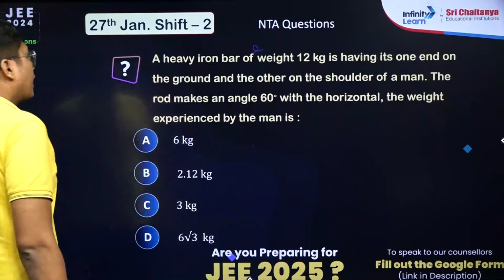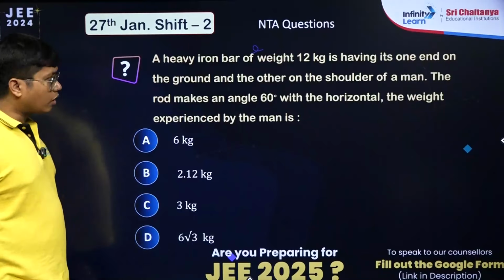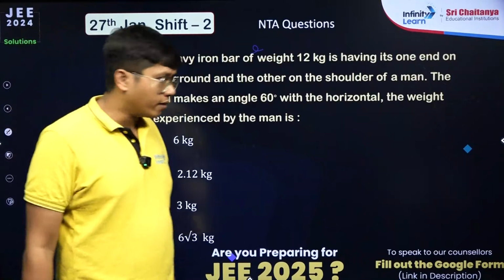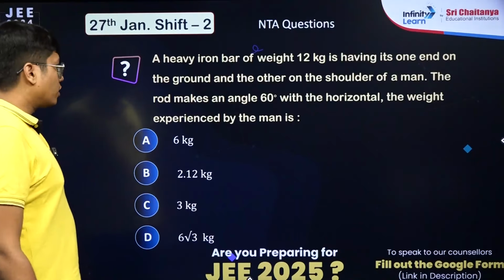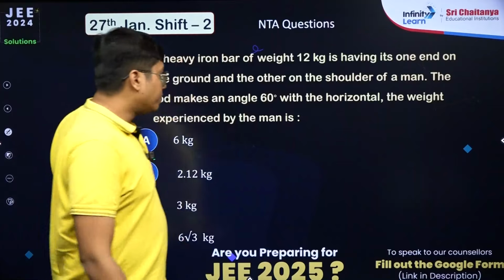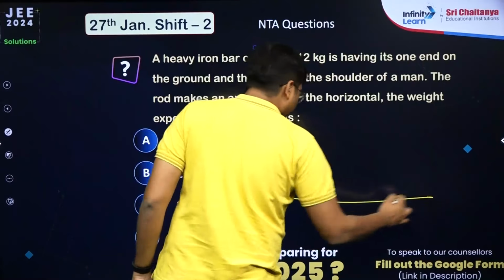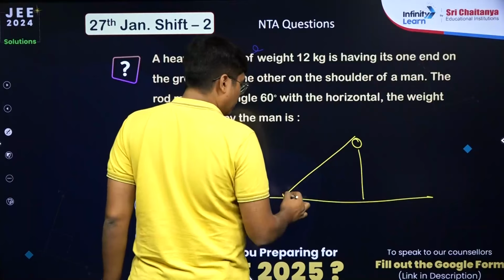Next question says a heavy iron bar weight of 12 kg is having its one end on the ground and the other on the shoulder of a man. The rod makes an angle of 60 degrees with the horizontal. What is the weight experienced by the man? So understand the picture here. This is your ground level. Suppose the man is standing over here. This is the rod.